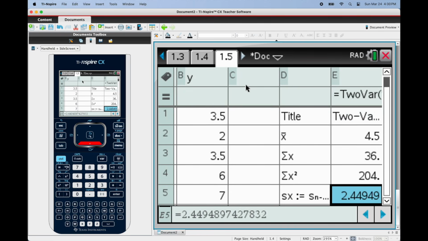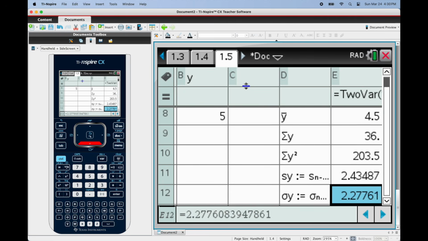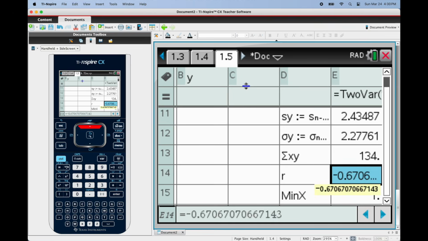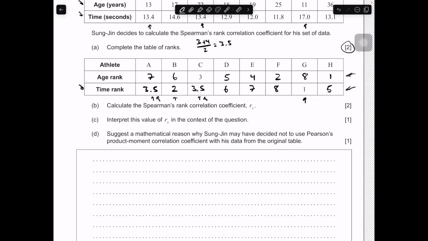And here we're going to look for R, our correlation coefficient. And there it is. Negative 0.6706, or negative 0.671. So let's go back to the document and write this out. RS is equal to negative 0.671 to 3 sig figs.